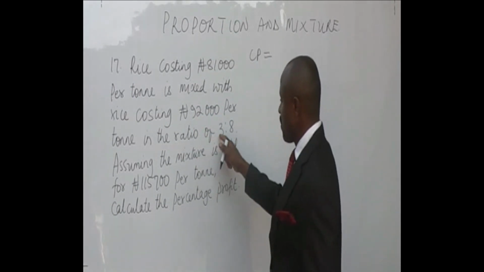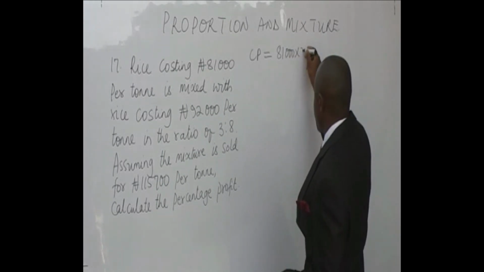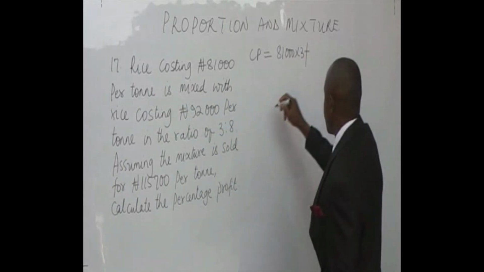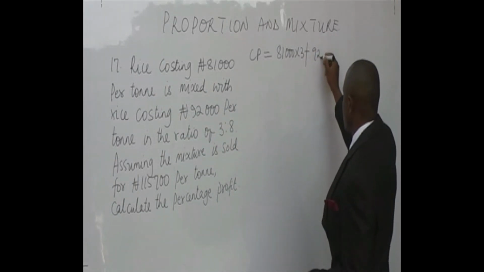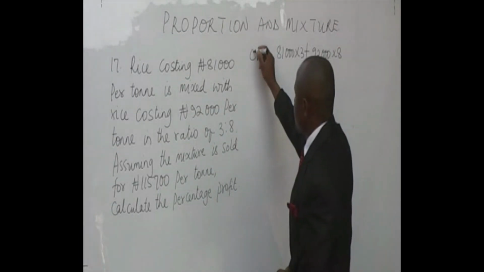They are mixed in the ratio, so 81,000 times 3 plus 92,000 times 8 will give us our cost price.